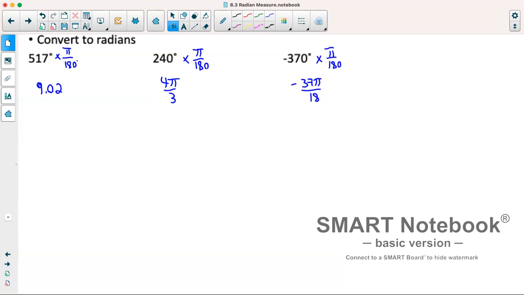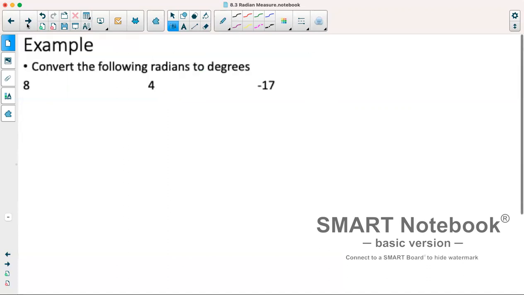Okay, next example, convert the following radians to degrees. So we're essentially using the same scale factor except for the reciprocal of it. So we're going to multiply by 180, divide by pi. So 8 radians works out to 458 degrees.